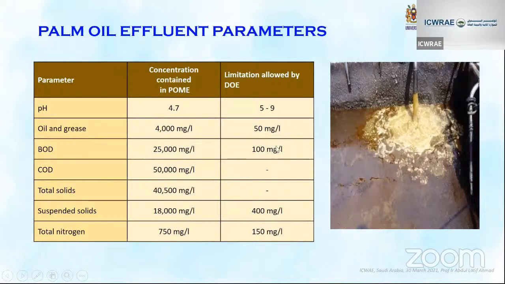The limit allowed by the environmental agency is only 100. Oil and grease, 4,000, needs to be reduced to 50 milligrams per liter. Suspended solids need to go from 18,000 to 400. The rest is not that critical, but what we are interested in is the water content.